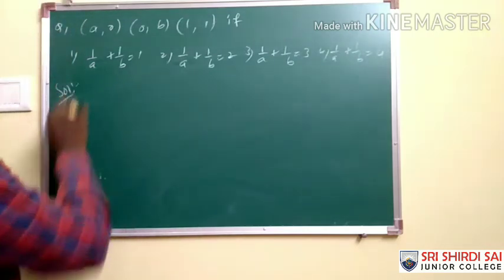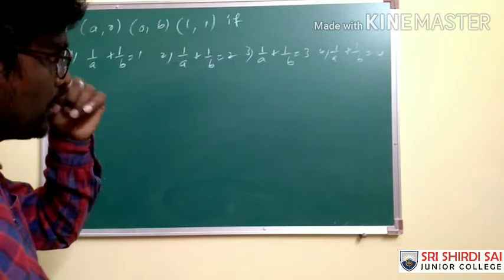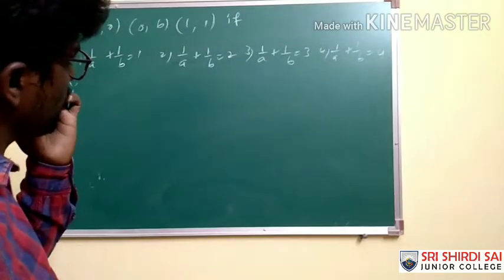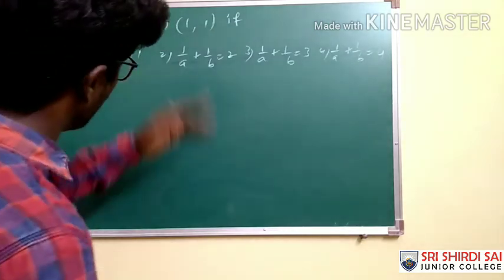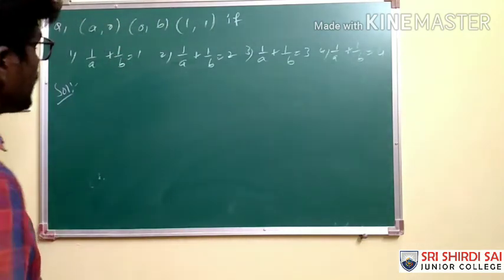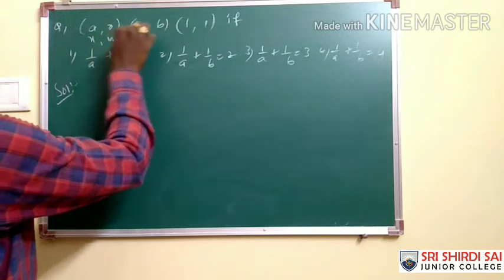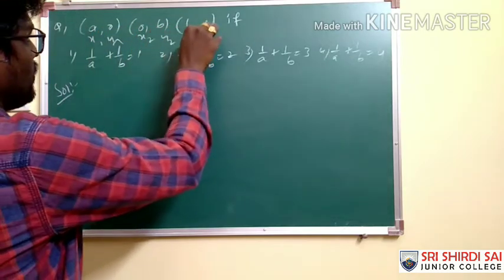Let's go with the same approach. When the points are collinear, what condition are we taking? Its determinant is equal to 0. Either we can take a 2 by 2 or 3 by 3 or the regular method: x1 y1, x2 y2 and x3 y3.